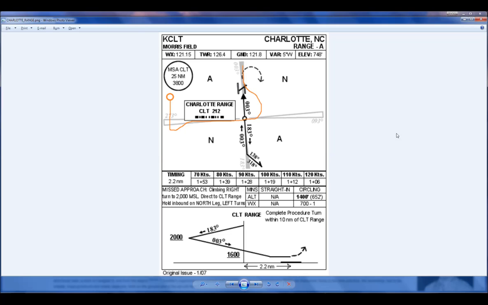A VOR transmits 360 radials around it, but a four-course beam transmits, you guessed it, only 4 beams. These beams could be aligned on just about any headings that the designers of the particular station wanted to set them at, and they could be changed. We're looking at the Charlotte, North Carolina range.